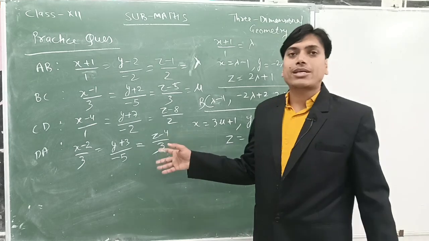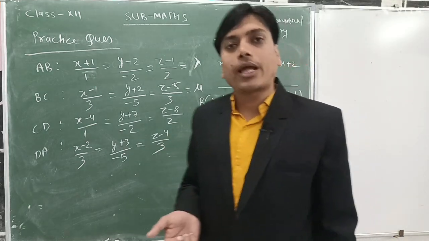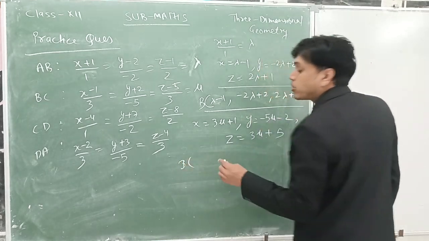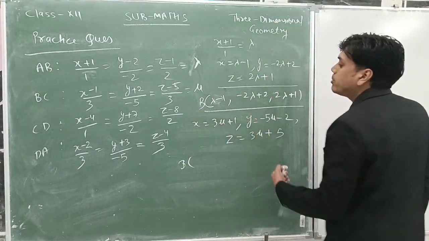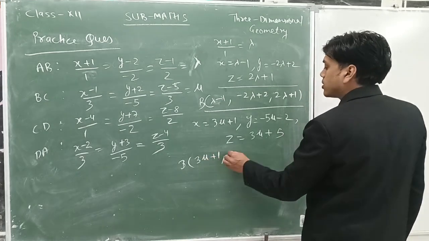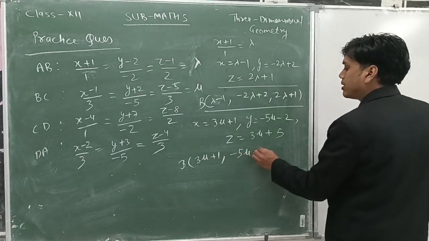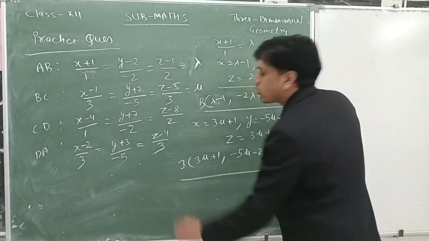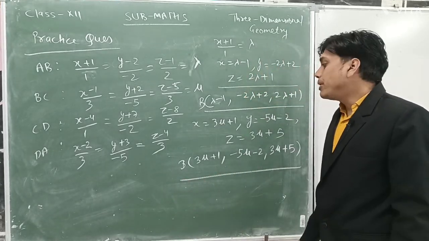Again this point x, y, z is a general point on line BC, so I can take it as the coordinates of B because that also lies on line BC. So the coordinates of B will be 3 mu plus 1, minus 5 mu minus 2 and 3 mu plus 5.